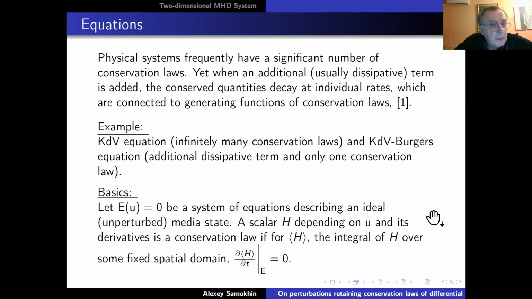And sometimes it is necessary to add some terms into the equation, such as dissipative terms or something like that. The KdV equation has an infinite number of interconnected conservation laws and an infinite number of symmetries, but any such addition ruins this castle of structures.